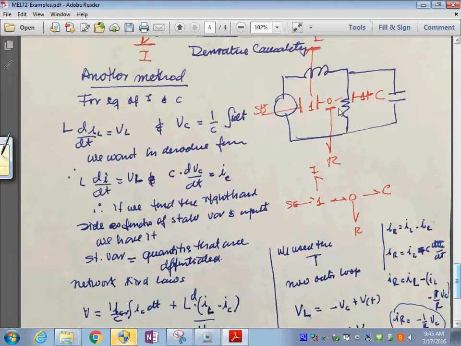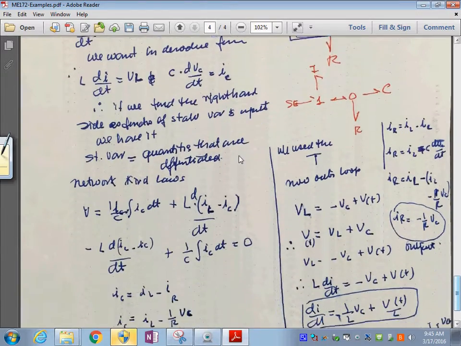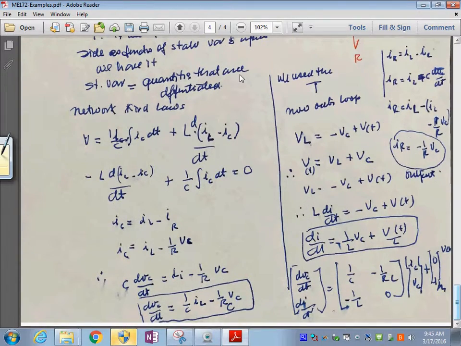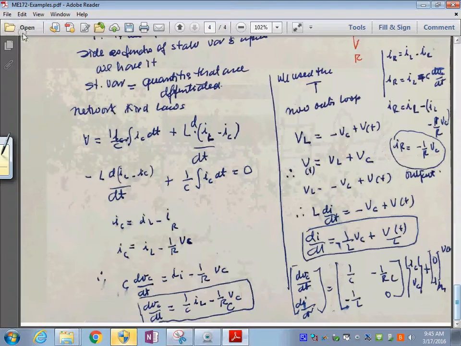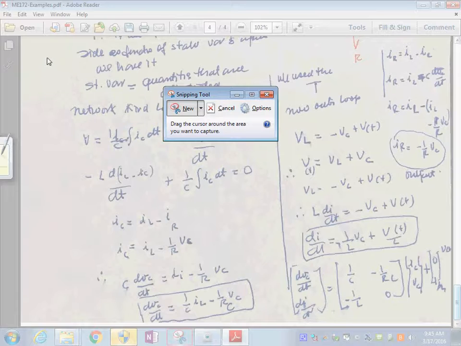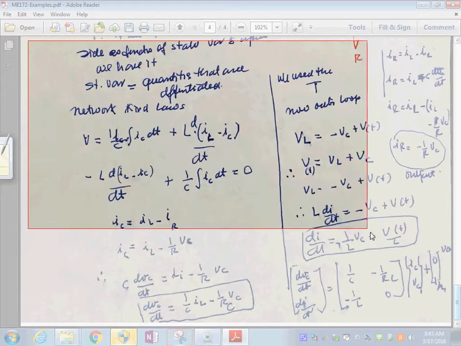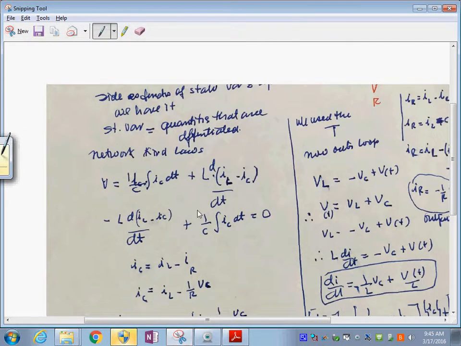This one in here, this is I sub L. This one in here, we call it I sub C, and this one we call it I sub R. So you see how it's written on the left hand side, and the left hand side is saying that I sub C, this one right here, is I sub L minus I sub R. That's what you have in here.